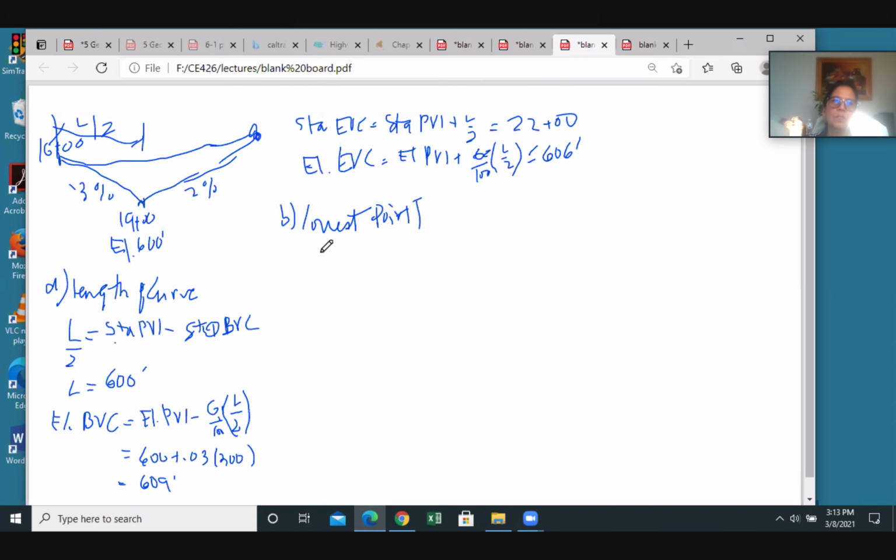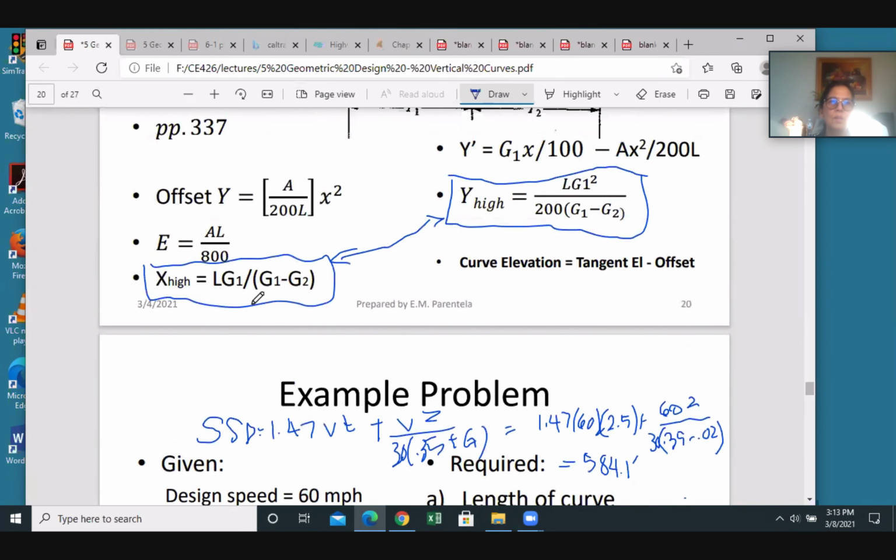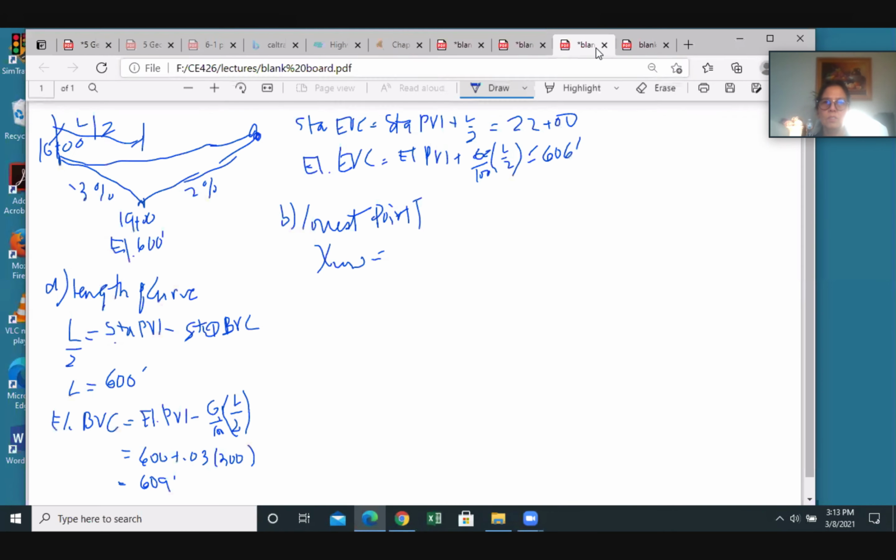First we need to solve for x. So x low is equal to, again, we'll just use the equation that we had earlier, except that this time we're dealing with low, but still x is L G1 over G1 minus G2.